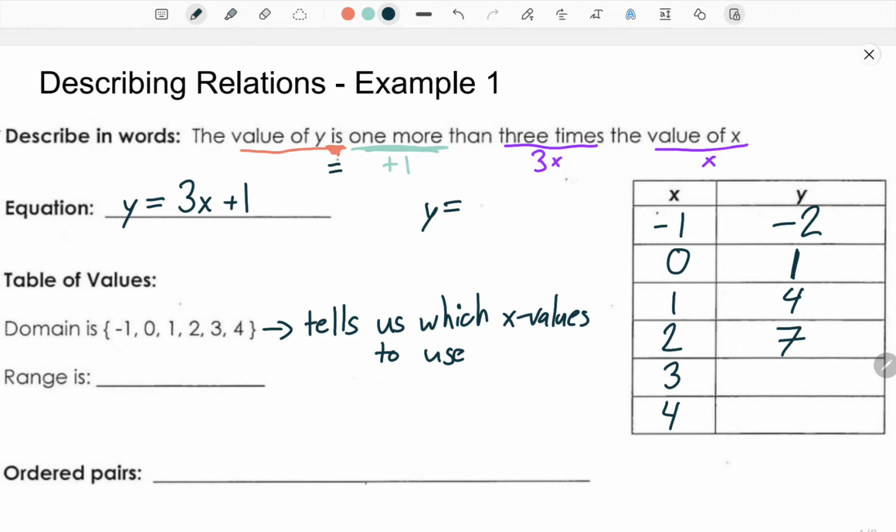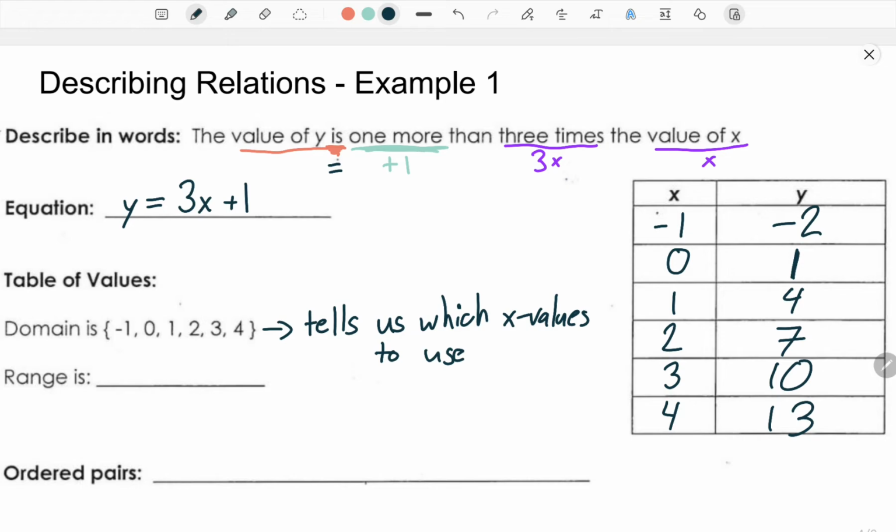Next, we have 3 times 3 plus 1, which is going to be 9 plus 1, which is just 10. And the last one, 3 times 4 plus 1, which is 12 plus 1, is 13. Okay, so there's a look at the values in the table of values.